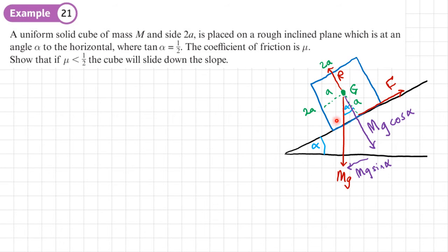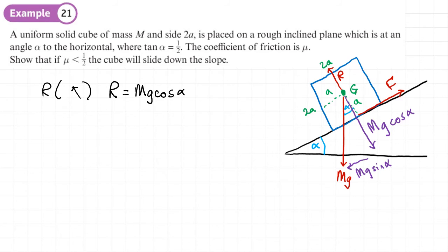If we're looking at the face side on, we have the frictional force here, and I've put in the components parallel and perpendicular to contain the components of the weight. Okay, so the first thing we're going to do is resolve perpendicular to the slope, and we will have that R is equal to mg cos alpha.